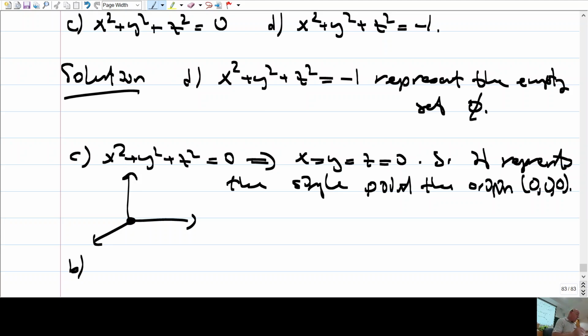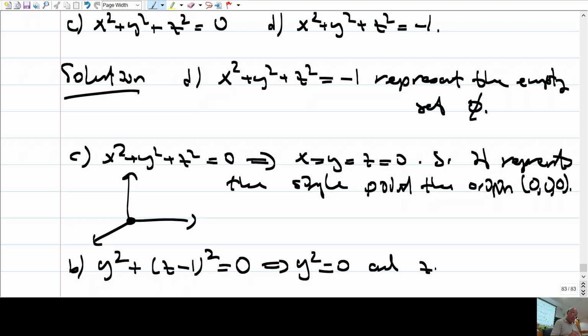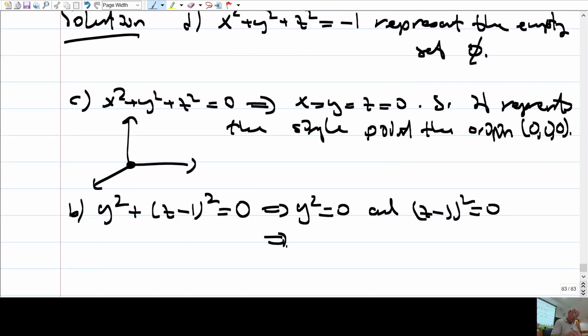B, what was B? B was this. Well, this is similar to what we have done over there. So this implies, if you have squares added up and equal to 0, then all of them must be 0. So y squared should be 0 and z minus 1 should be 0. Well, this means y is 0 and z minus 1 is 0, so z should be 1. What about x?